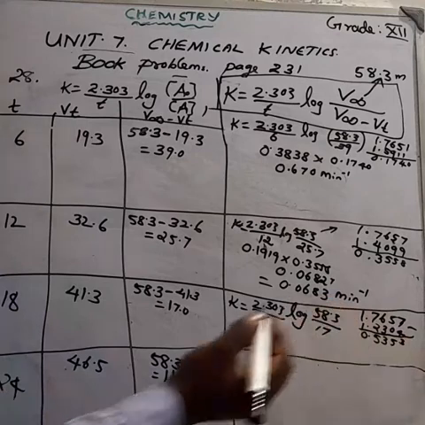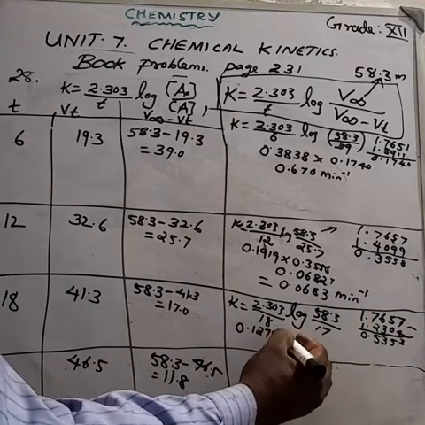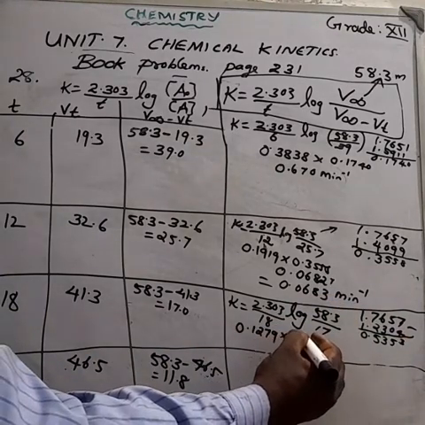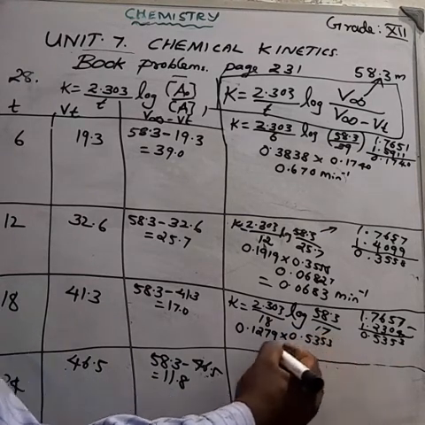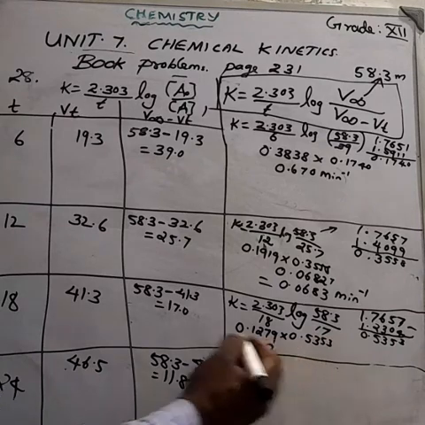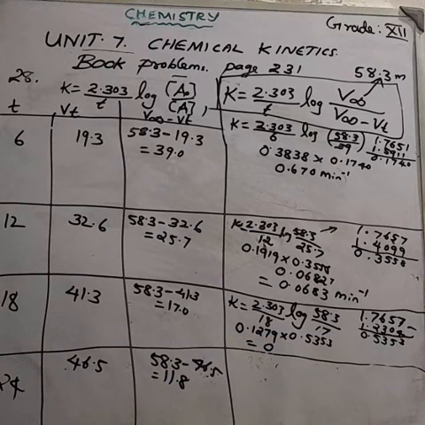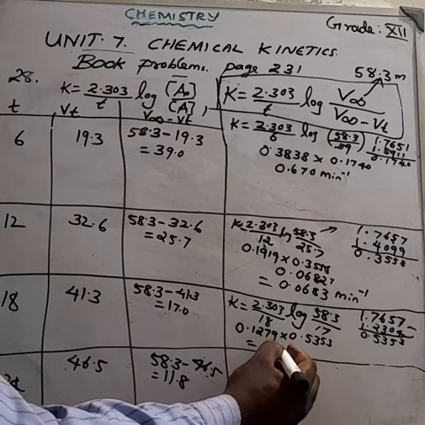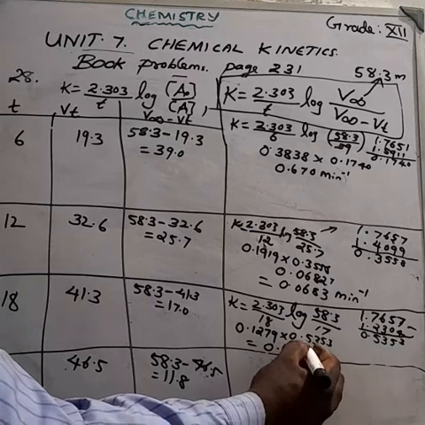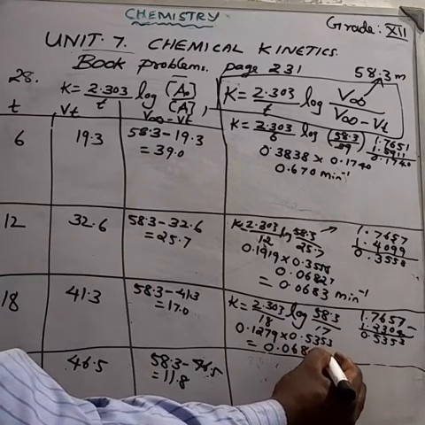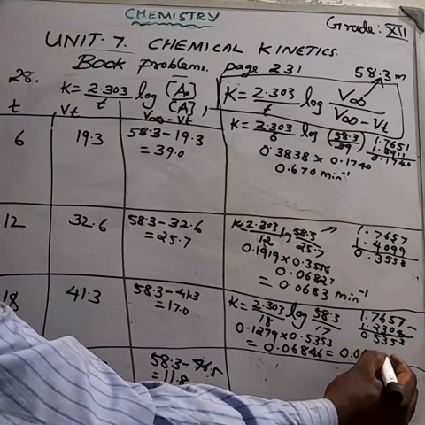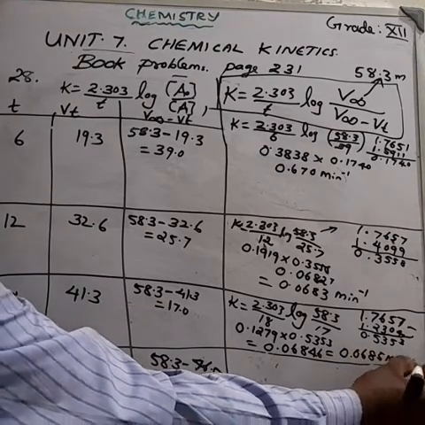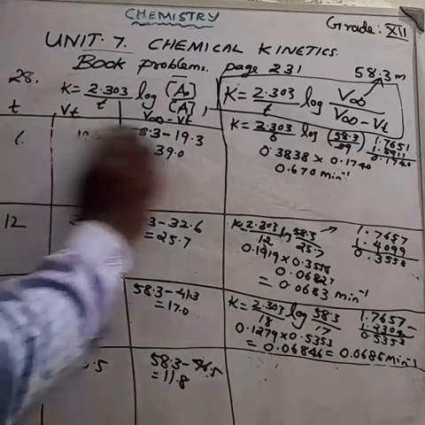Multiplying 0.1279 into 0.5353, I get approximately 0.06846, that is equal to 0.0685 minutes inverse.